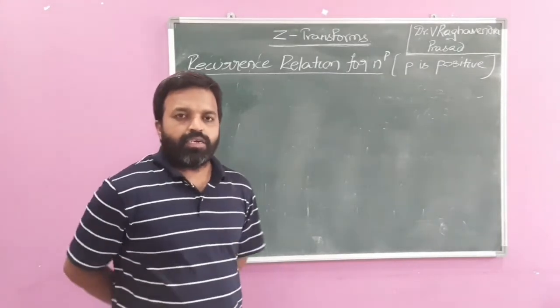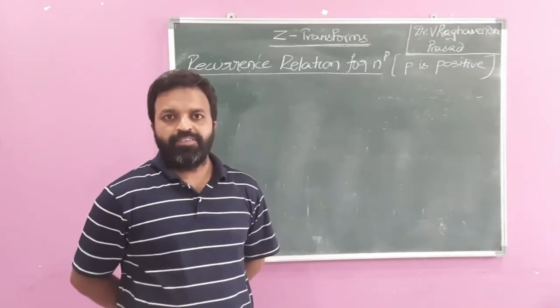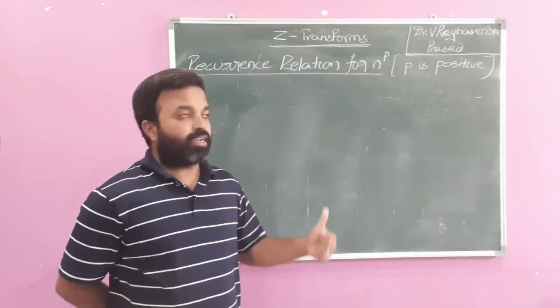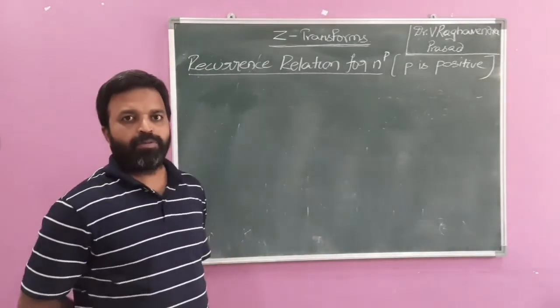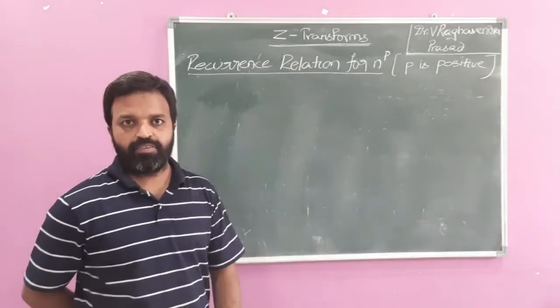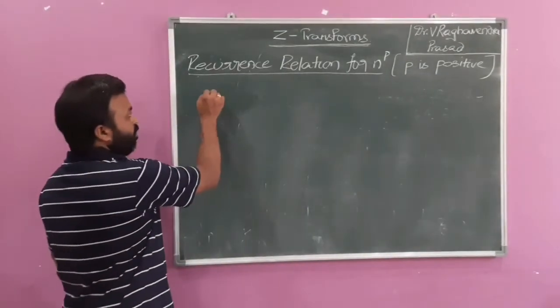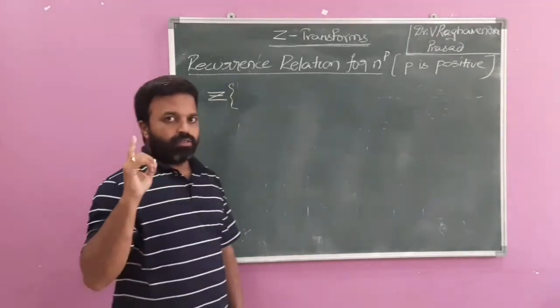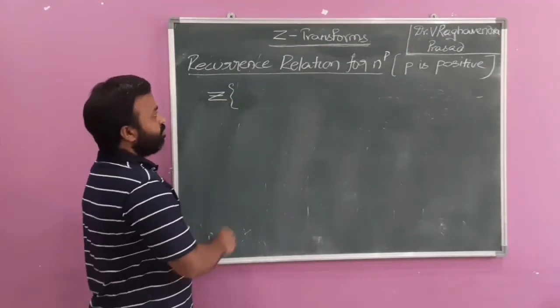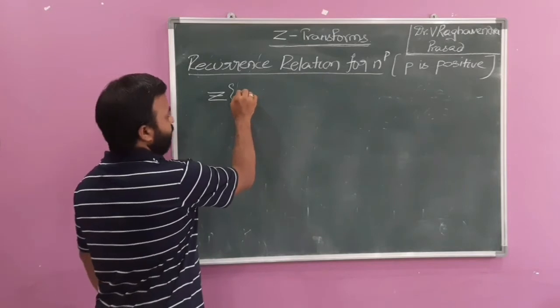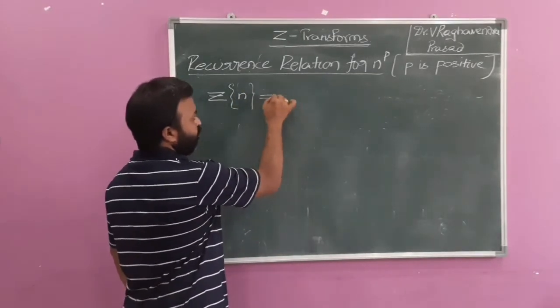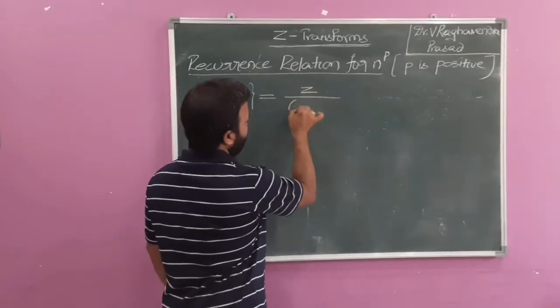To find out the z transform of n square, z transform of n cube, we make use of the recurrence formula here for n power p, where p is a positive integer. And by the recurrence formula, we have z of n equal to z by z minus 1 whole square.